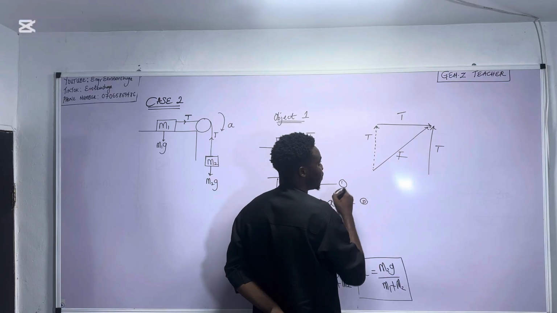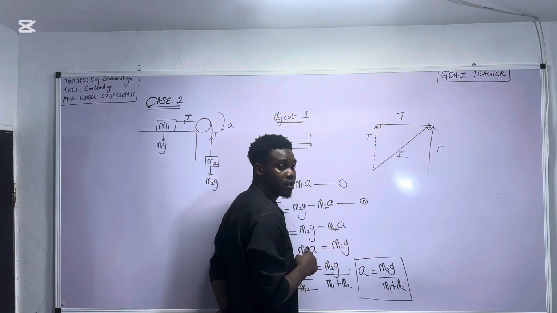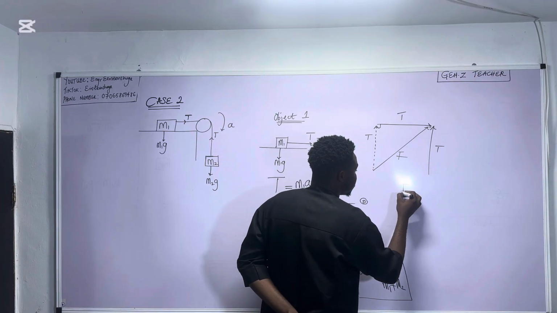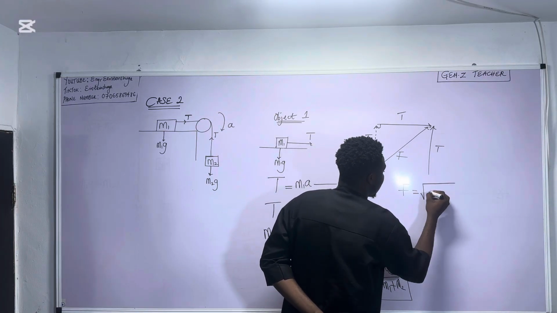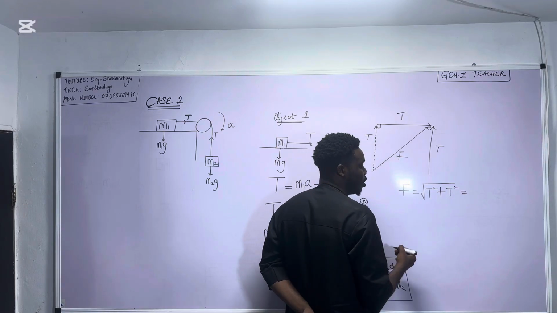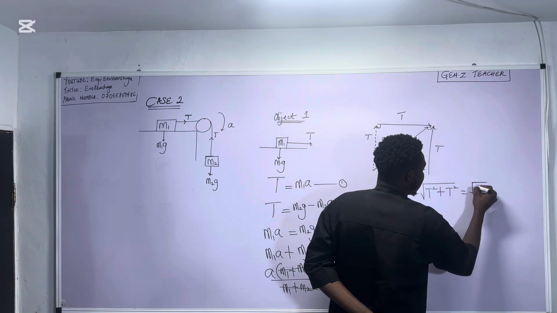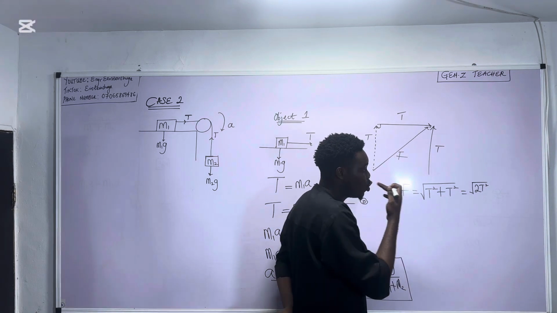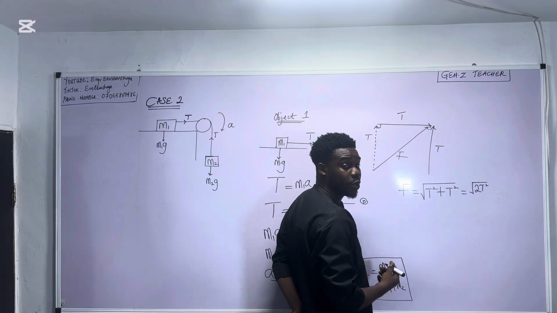We have T here, a right angle triangle. Applying Pythagoras theorem, the hypotenuse becomes the square root of the other two sides squared. If you solve that completely, you have the square root of 2T squared. Remember, you can share the square root when it's multiplication.